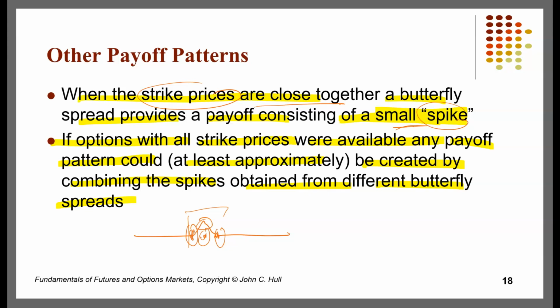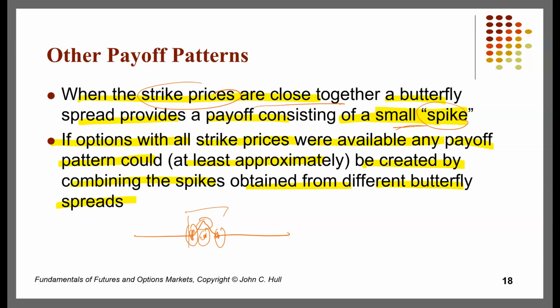So the idea at the end of the day, if we want to summarize all the strategies we've looked at: we looked at the simple strategies where we only use options, so long call, short call, long put, short put. We also looked at the strategies where we combine options and bonds, those are our protected notes, principal protected notes.